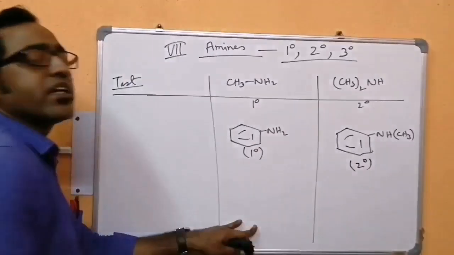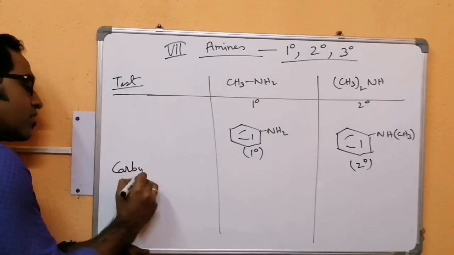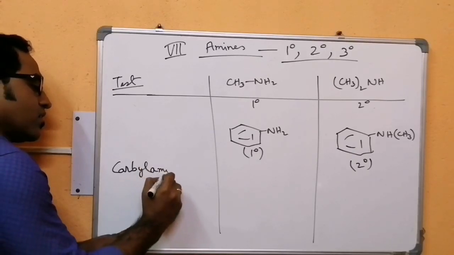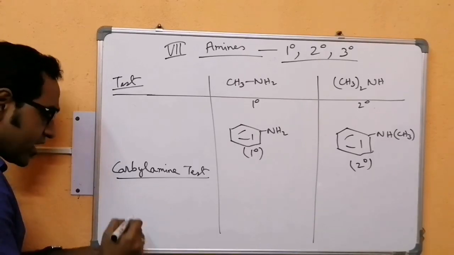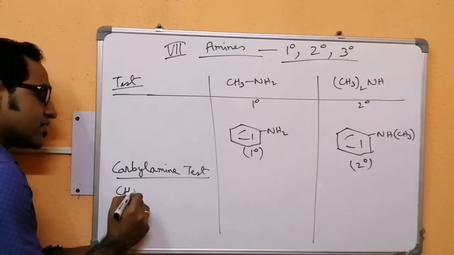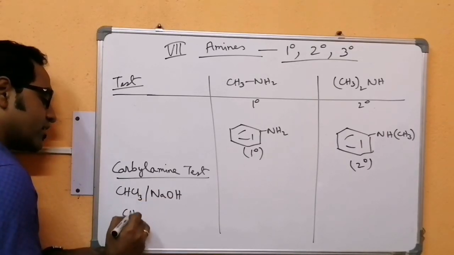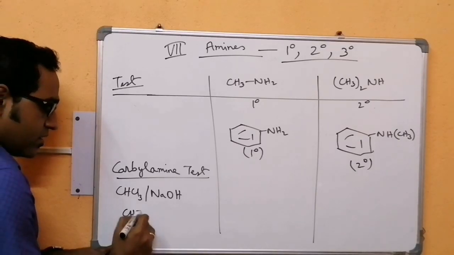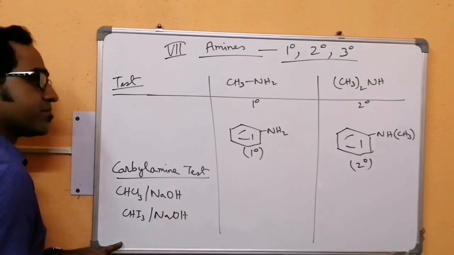So whenever it is 1 degree and 2 degree, then we do the carbylamine test. Now what is the reagent used for carbylamine? It is haloform, CHCl3 in presence of NaOH, or you can write CHI3 in presence of NaOH.